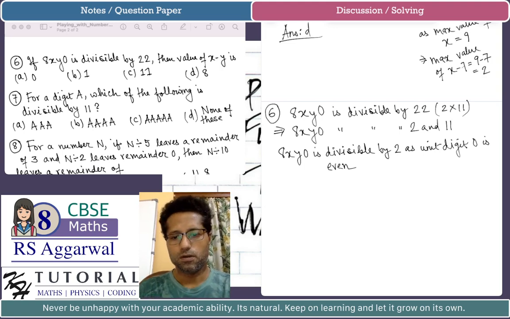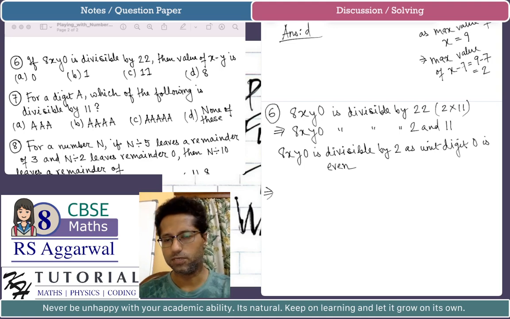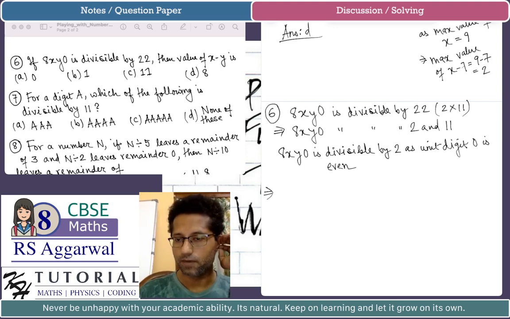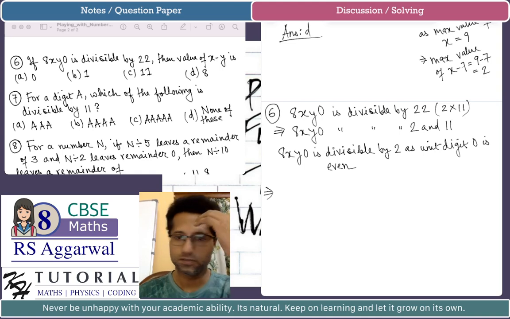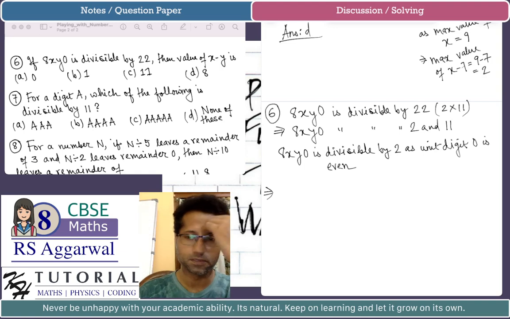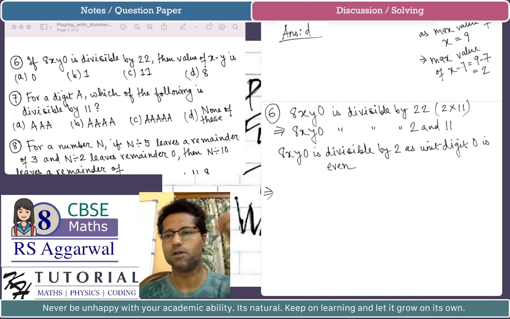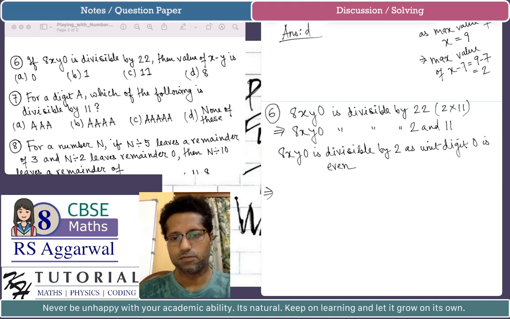So to check the divisibility, if we apply the rule of divisibility by 11, then the difference of the sum of the digits at odd places and the sum of the digits at even places must be equal to 0 or a multiple of 11. So let's mark the digits at the odd places by a double line, and the digits at even places by a single line.